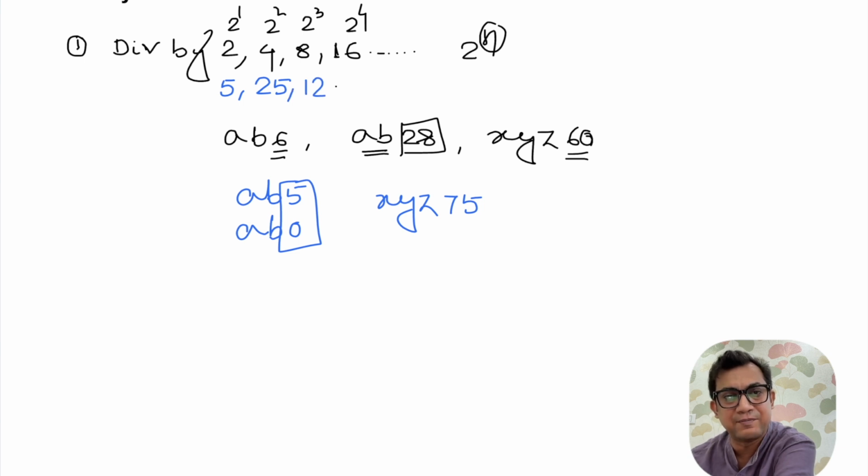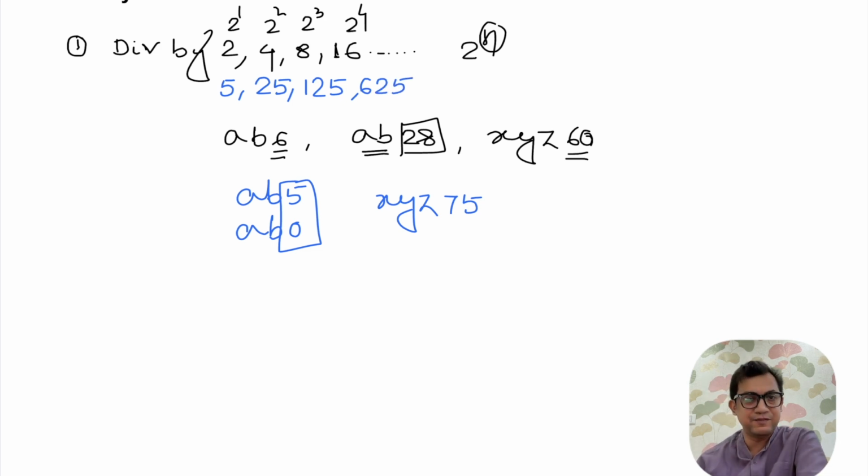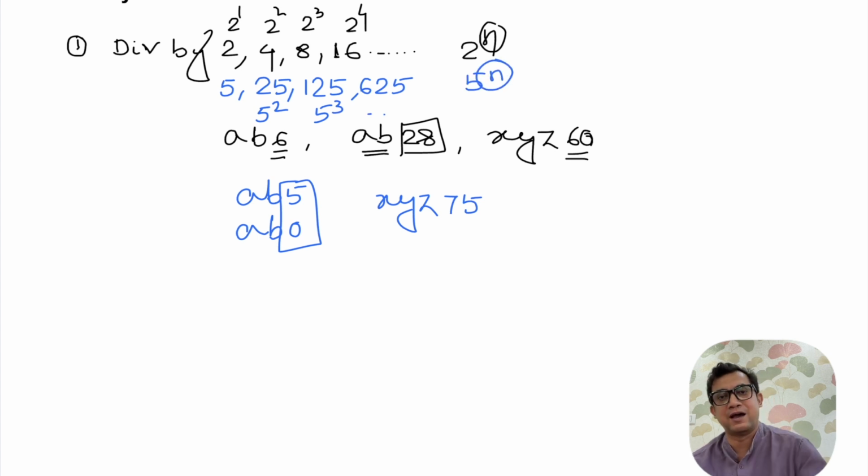And for 125, the last three digits, and 625, the last four digits. Same thing: 25 is 5 to the power 2, 125 is 5 to the power 3, and so on. So for 2 and 5, whatever the power we have, we check the last n digits.